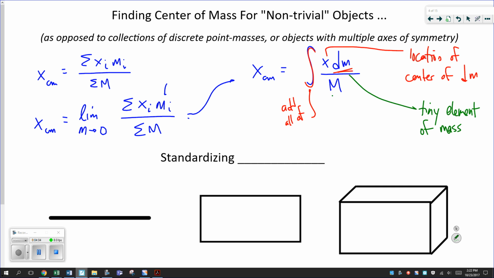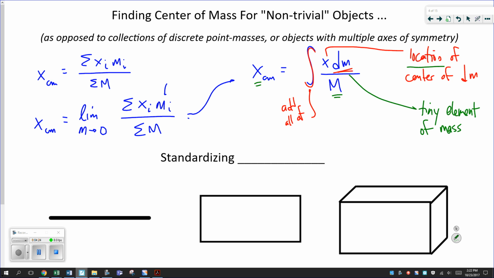The big M here is still the system's whole, the object's entire mass. Again, that's the location along the x-axis relative to a certain defined origin. And we can do the same thing for a y center of mass if needed, or a z center of mass.